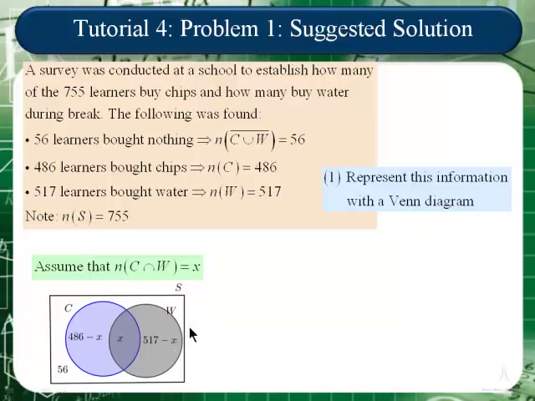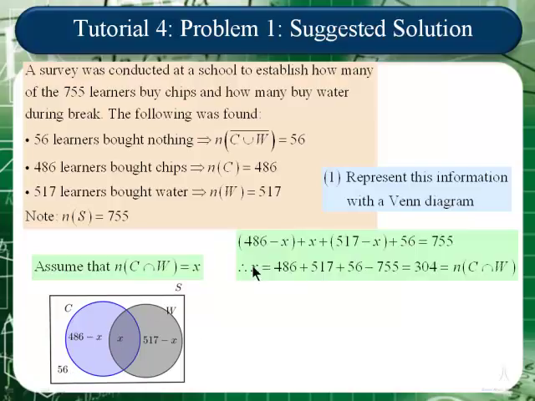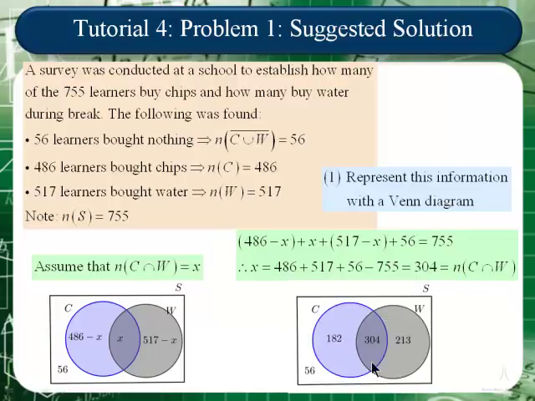We know that the cardinal number of S is 755. Our problem is to find X, but we know that the sum of all these cardinal numbers must be 755. So if you add up all these cardinal numbers, we get an equation in X, and we can solve for X, and we find that X is 304. So therefore 304 learners buy chips and water, and we can complete this Venn diagram where we indicate accurate figures.